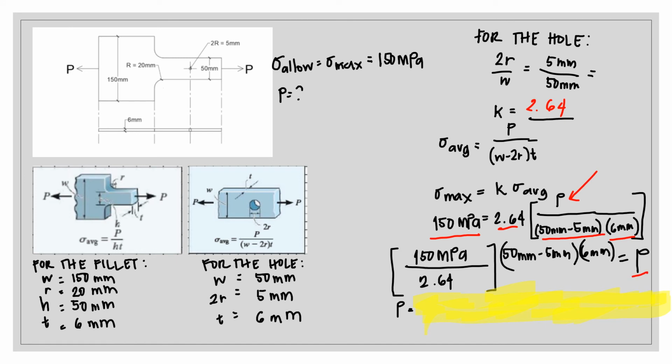So we have force P equal to 15.340 kilonewtons.